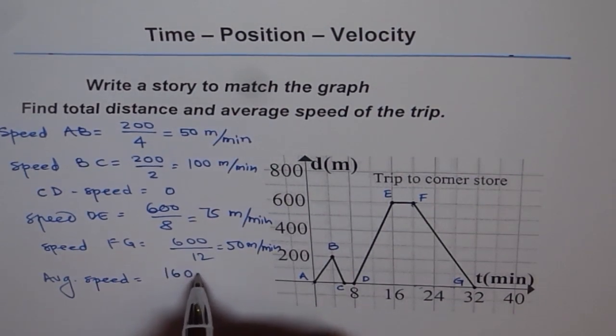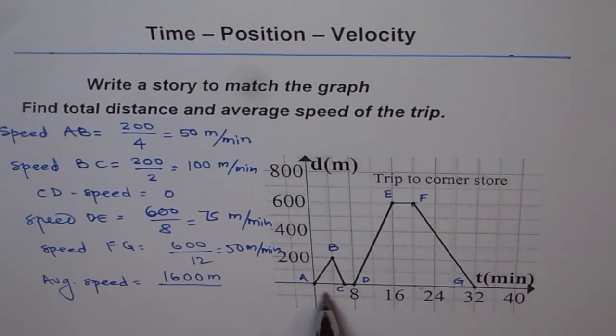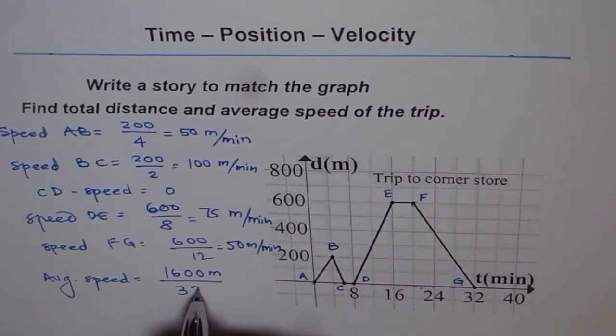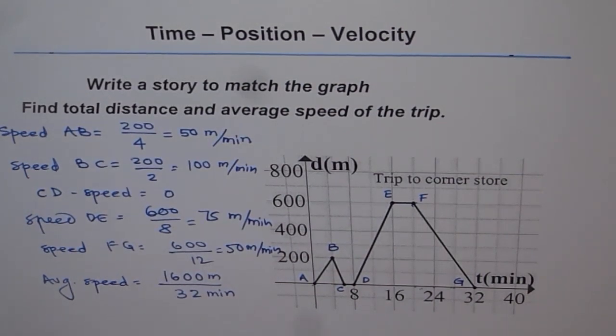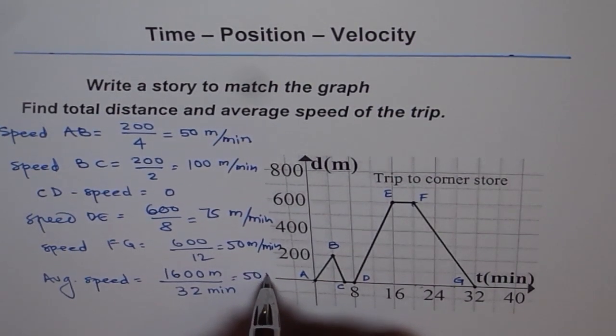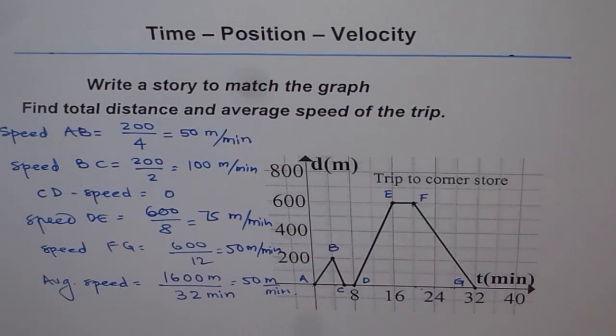So total distance covered was 1600 meters, and this was covered in a duration of 32 minutes. So we'll divide that by 32 minutes, right? So 1600 divided by 32 gives us 50 meters per minute, right? The speed of Tom going to the corner store, purchasing milk and coming back was 50 meters per minute. And we can say, well, Tom completed the whole job in 32 minutes.